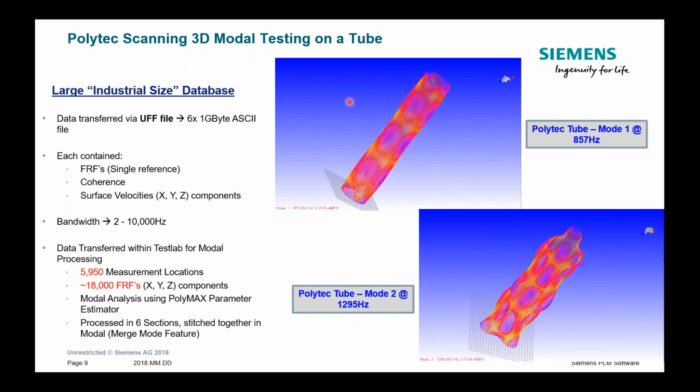Of course, with the laser you need line of sight, so we suspended this in free conditions, and we took 6 different acquisitions because we had to rotate it slightly and do another acquisition, and rotate it again and do another acquisition. We did that 6 times, so we had 6 acquisition data sets.